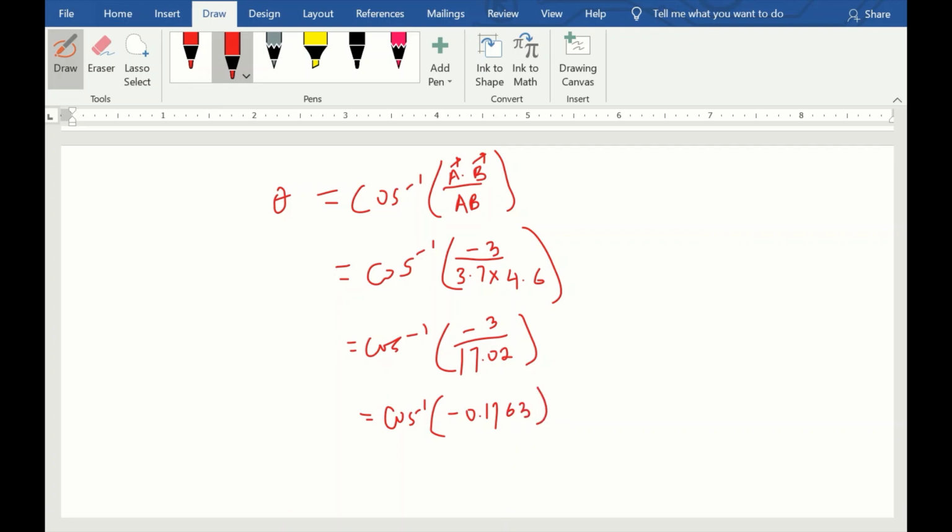Therefore, our theta is equal to cos inverse of negative 0.1763, which gives us 100 degrees. So that is our final answer. This is the angle between vector A and vector B.